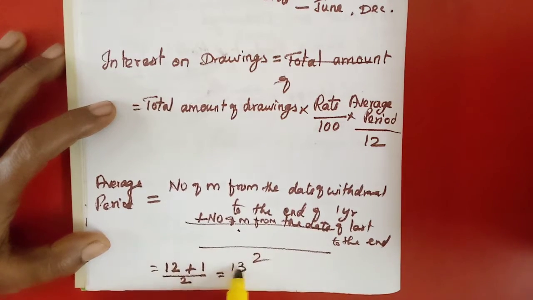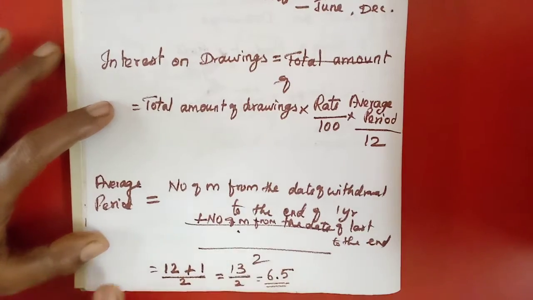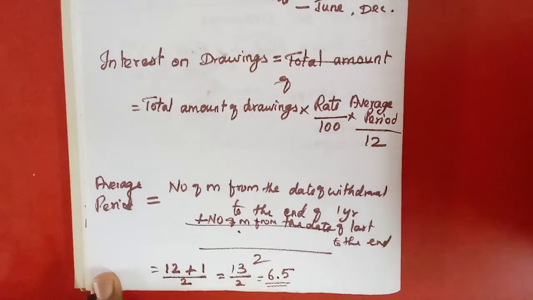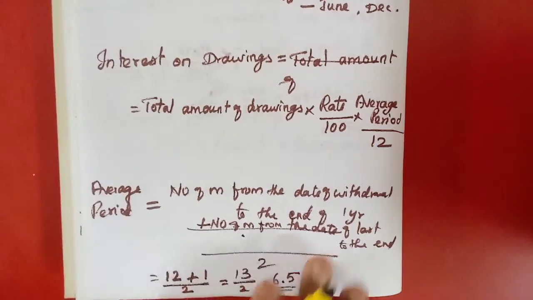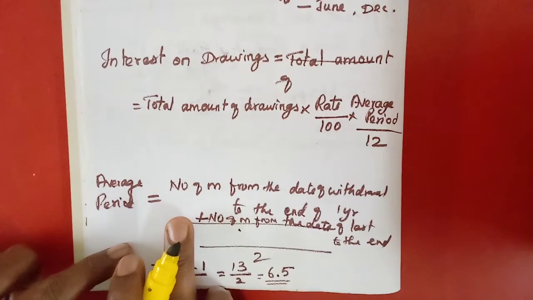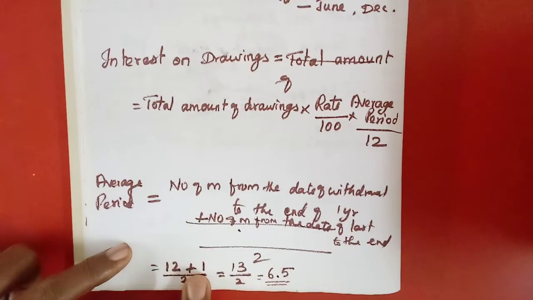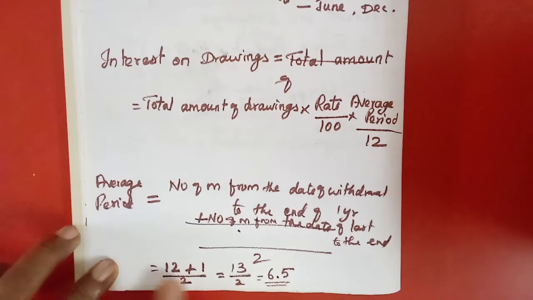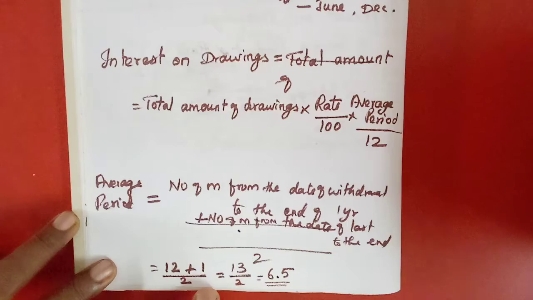So 13 divided by 2 we will get 6.5 months. Understood now? For the first withdrawal he has to pay for 12 months. For the last withdrawal he has to pay 1 month. So we need to take the average: 12 plus 1 divided by 2.